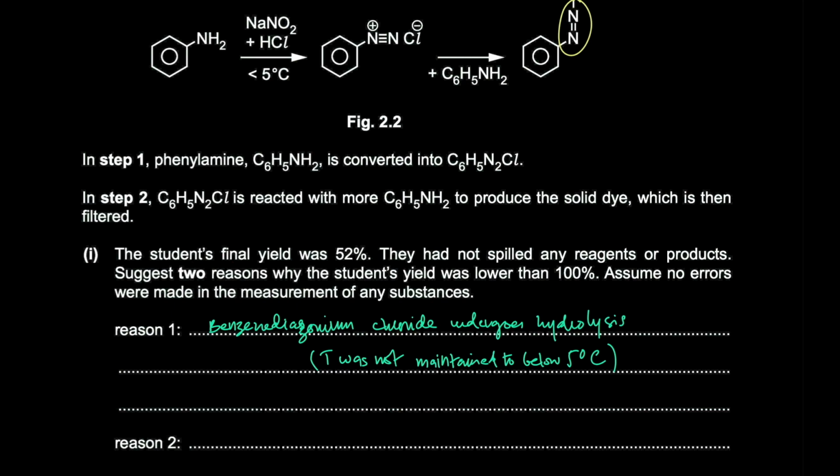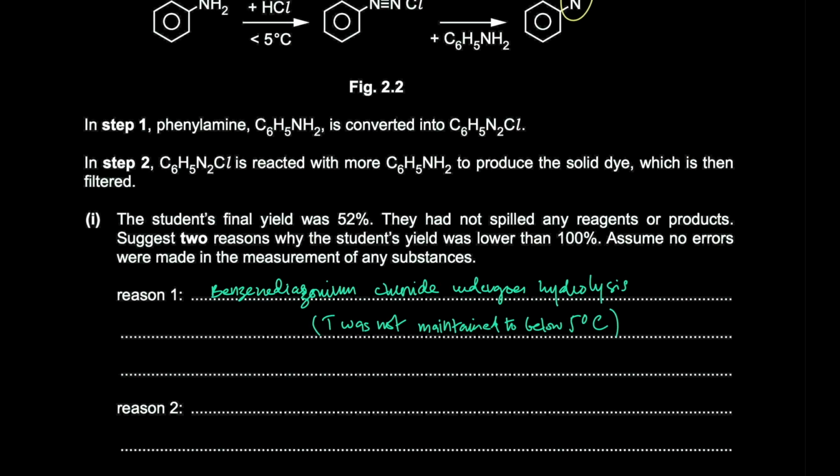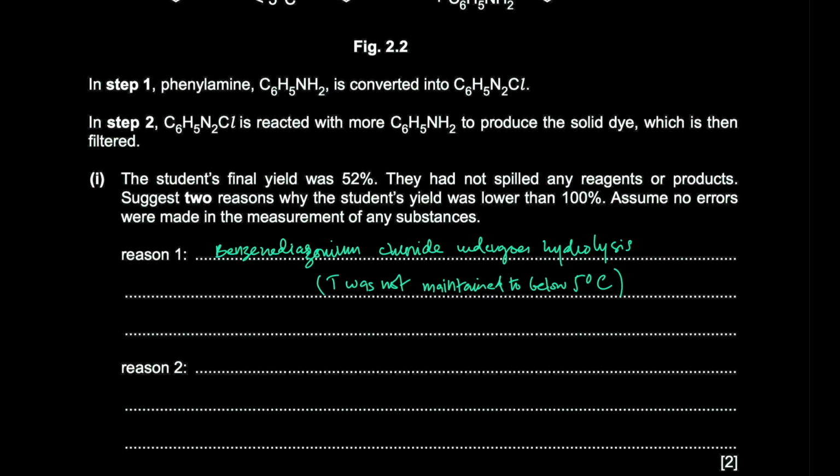And then this solid dye is obtained through filtration. So one possibility is that some of the dye remains in solution rather than precipitating, rather than being obtained as a solid, and therefore a lower mass of solid is obtained.